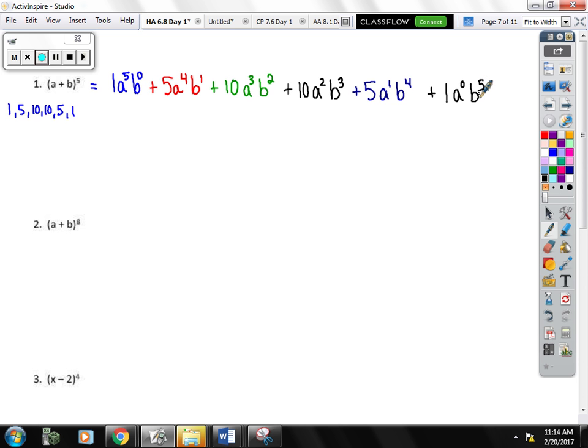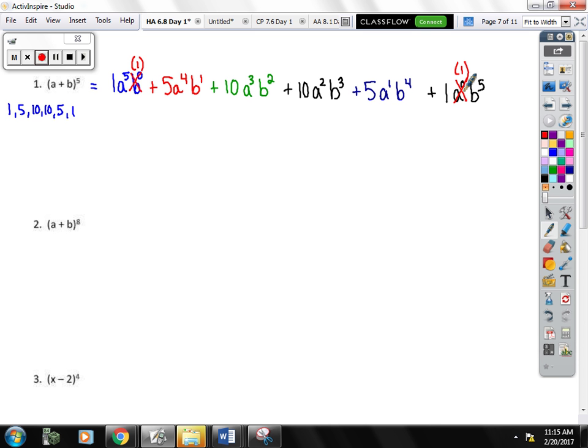b to the 5th. Now, typically, from now on, you're not going to write anything to the 0 power, because we know that anything to the 0 power is really just 1. You also don't need the 1 exponent if you don't want to.